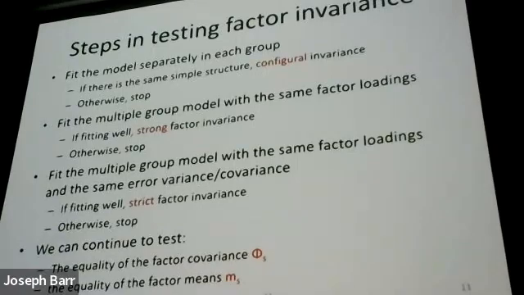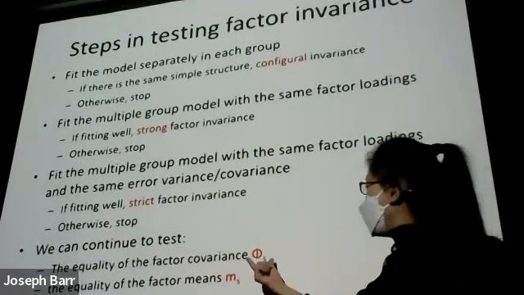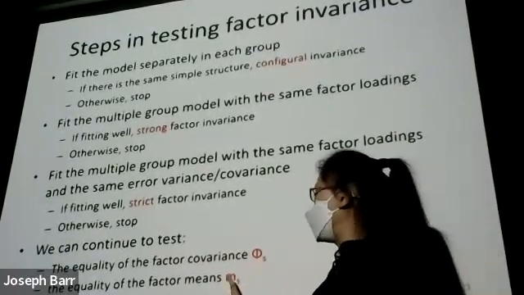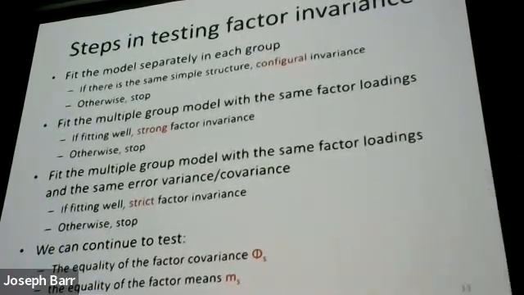So just start from the simplest one and eventually test lambda, test the psi part. And you can also continue to test the phi part, the variance of the factors. Test the mean part, the mean of the factors. So you can just continue.